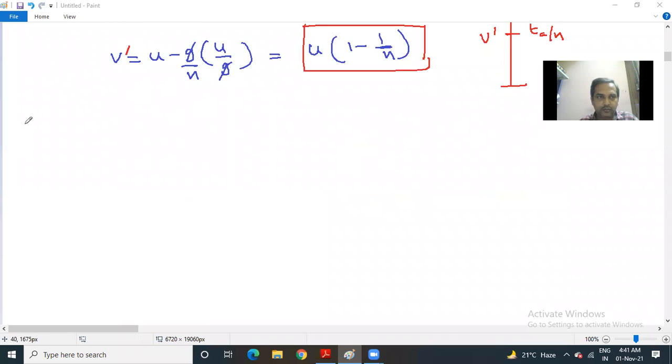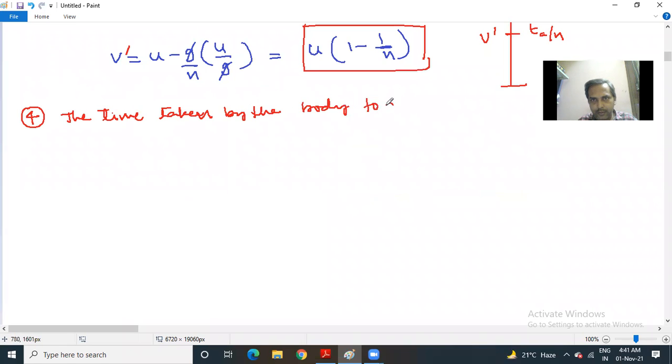Say this is the fourth one. The time taken by the body to reach a height of h by n.